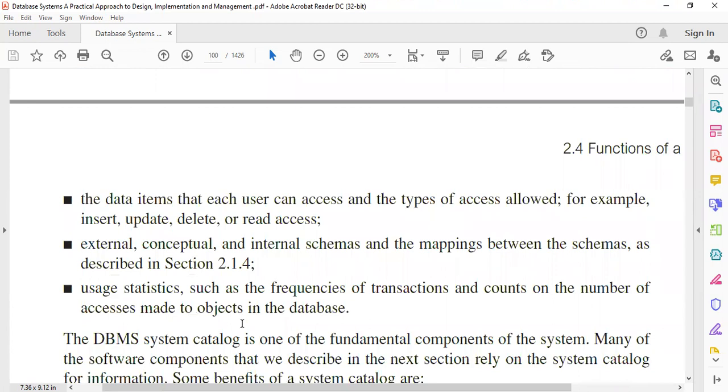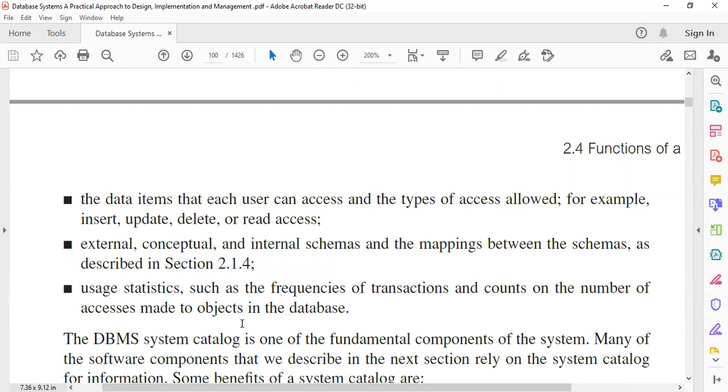The catalog also contains the data items that each user can access, and the types of access that are allowed. Is this person allowed to make changes on the data, insert, update, delete, or is it only read-only access? In most databases, most of the users have read-only access.